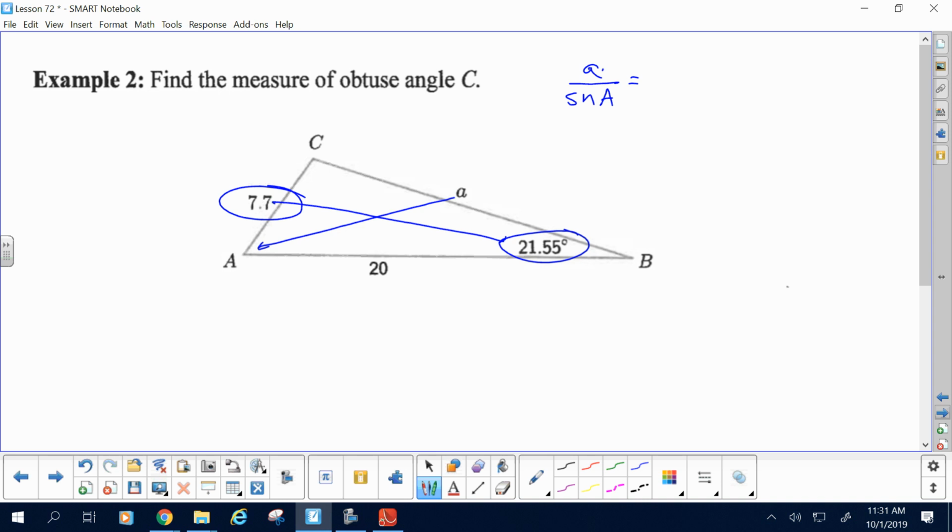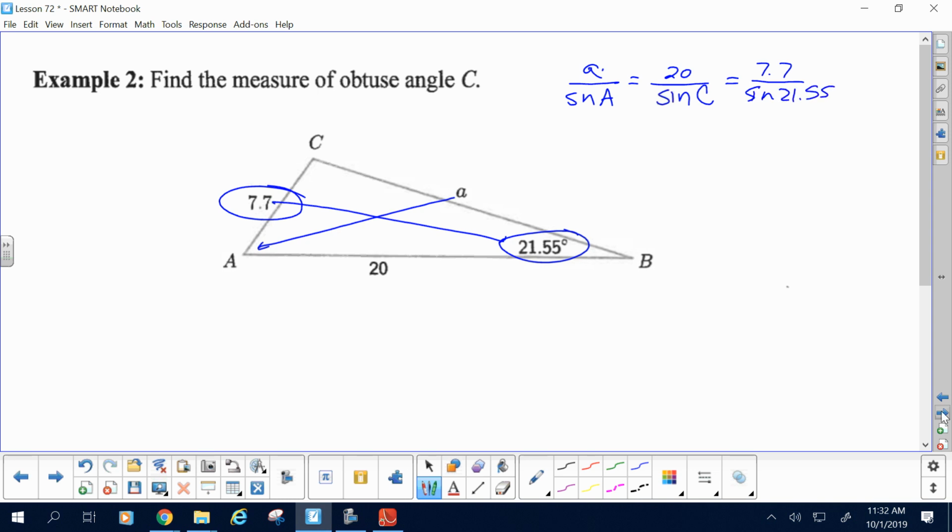Katie, give me another ratio. 20 over sine angle C. Right. Give me a third ratio, Megan. 7.7 over sine of 21.55. Perfect. Excellent.